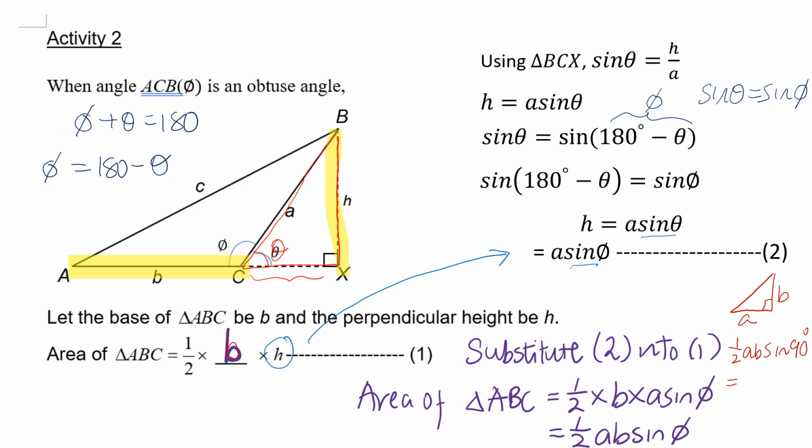So you end up getting half AB, which is the formula that we have learned earlier, half times base times height. So half AB sine phi is a rather useful formula. It can be used to find the area of an acute angle triangle, an obtuse angle triangle, and also a right angle triangle.